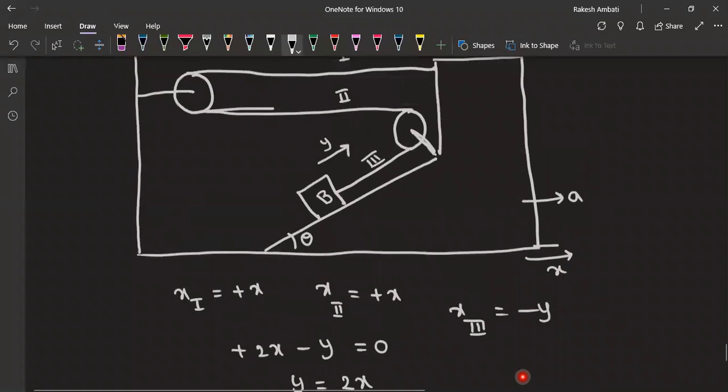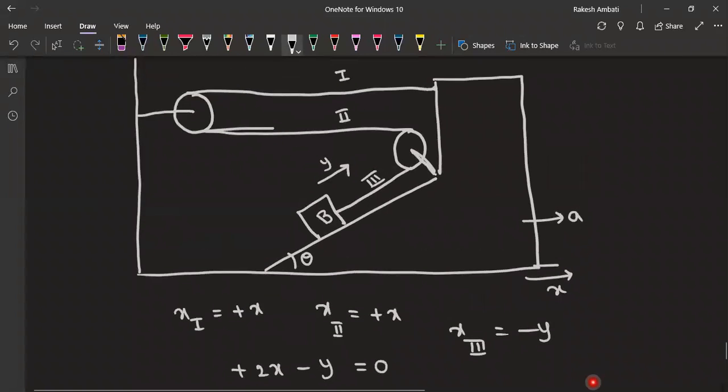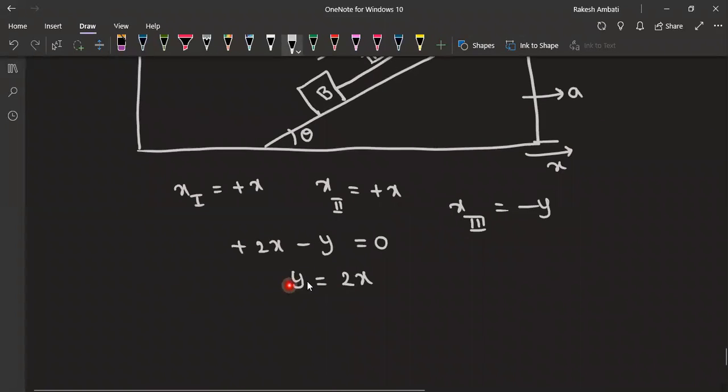So differentiating 2 times, the y value and x value convert into acceleration. So acceleration equals 2 times this x: dx by dt, one more time d square x by dt square.